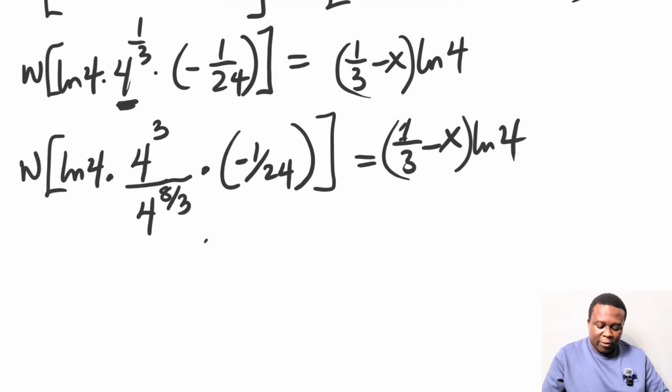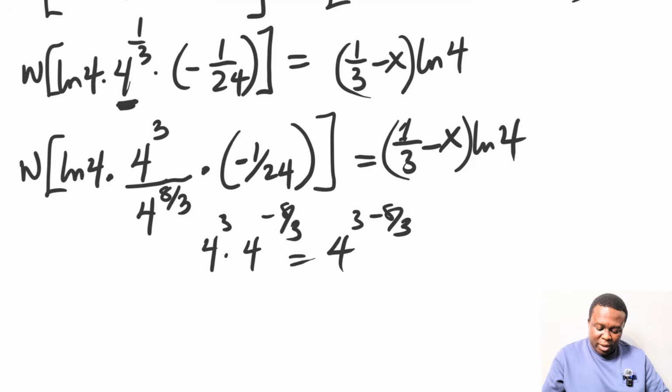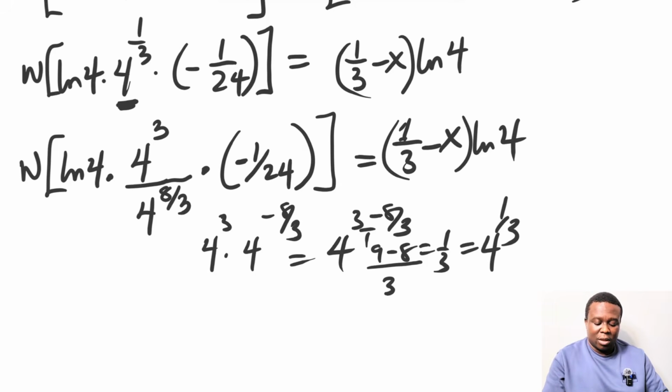So let's see. 4 raised to the power 3 over 4 raised to the power 8 over 3 is the same thing as 4 raised to the power 3 minus 8 over 3. 9 minus 8 gives us 1 over 3. So that's the same thing as 4 to the 1 over 3. That is very clear now.